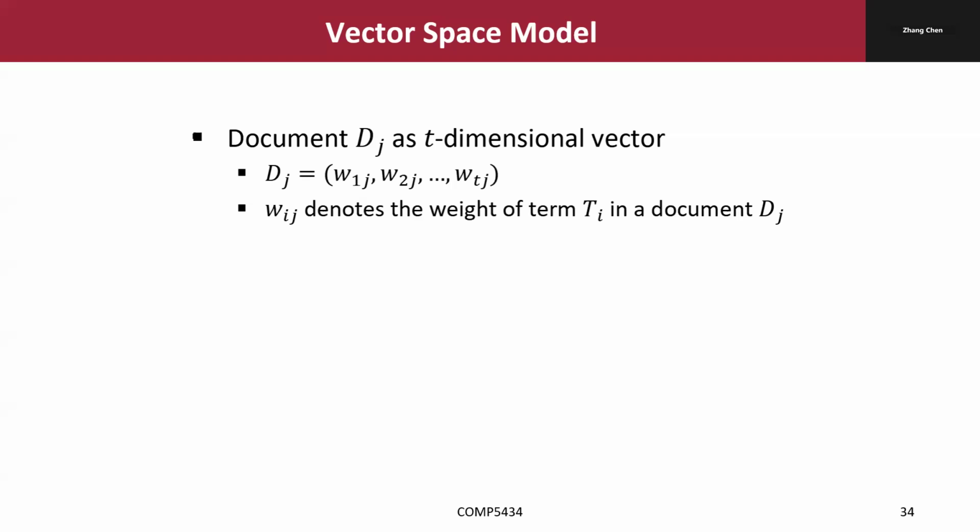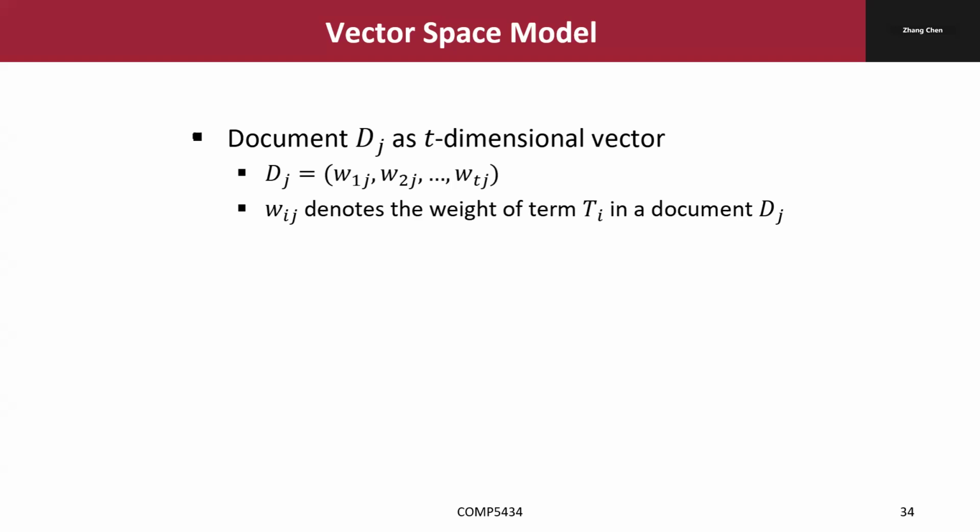Each document is represented as a vector of numbers. First we fix the vocabulary, and suppose the vocabulary has T words, which means every document will be represented as a T-dimensional vector. Mathematically, we write a document D sub j equals W1j, W2j, up to WTj.